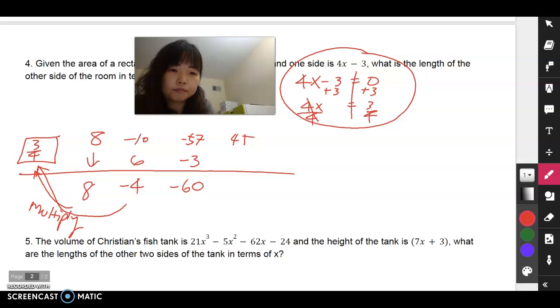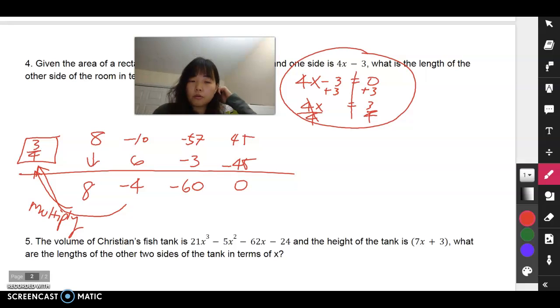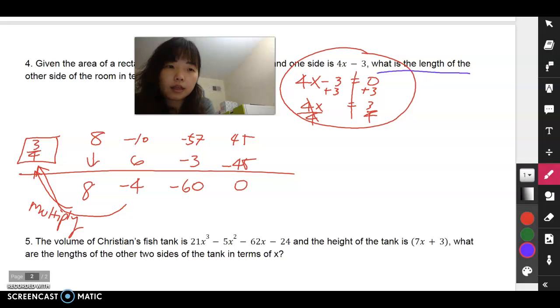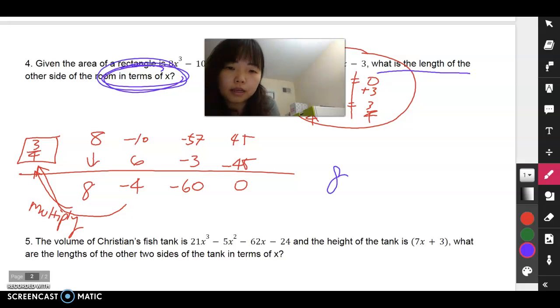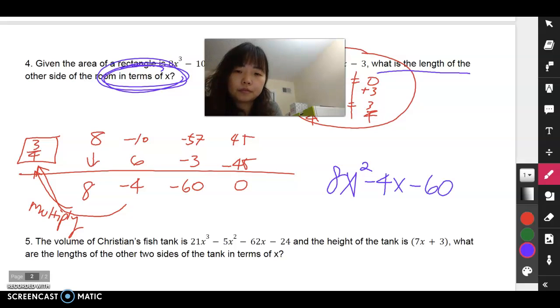Multiply. Add. So yeah, you are not supposed to talk about remainders here. We're looking for the length of the other side in terms of x. Don't forget to bring the x's back. 8x squared minus 4x, -60. Done.